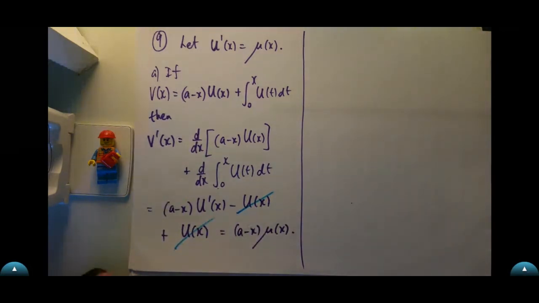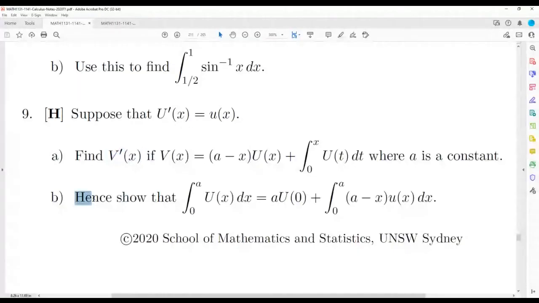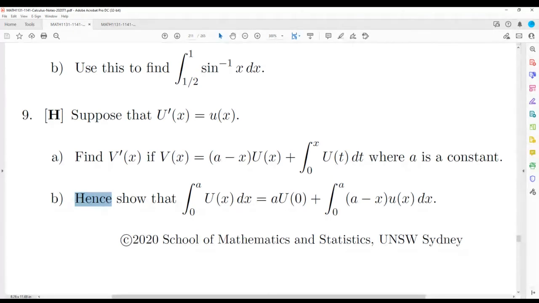Now for part B, they ask you to do something else. Hence show that this definite integral can be written like this. So hence they want us to use the thing that we computed in part A. So let's try to do that.